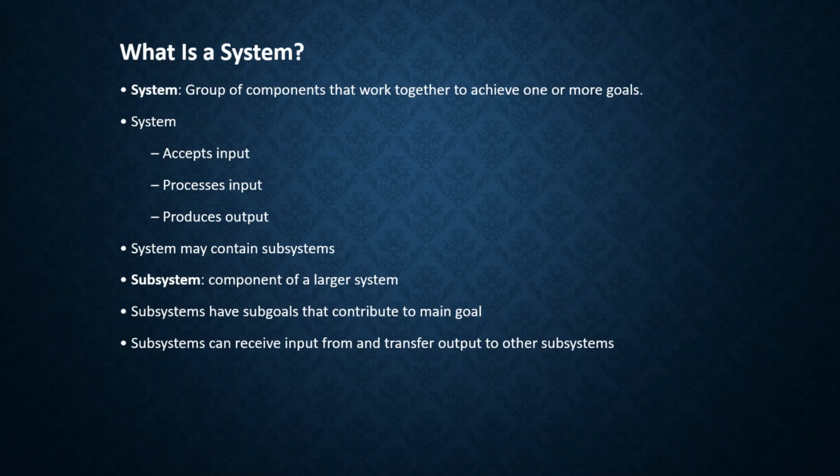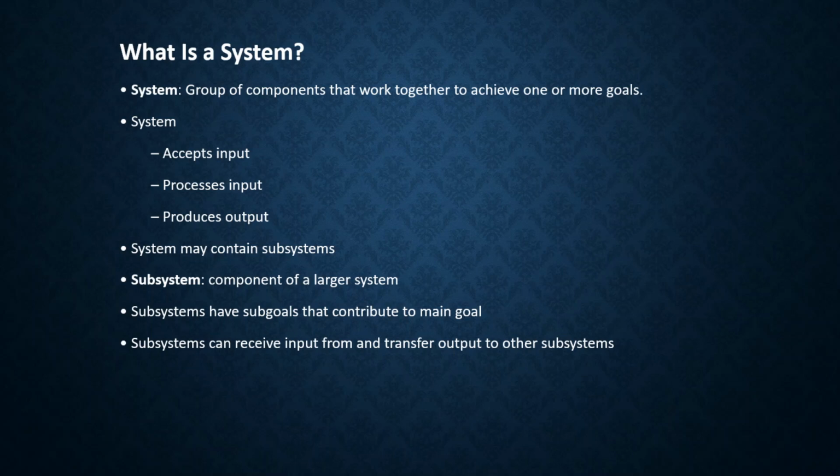So what is a system then? A system is a general term. You can say college system, education system, transport system, solar system, accounting system, computer system, and so on. A system means a group of components that work together to achieve one or more objectives or goals.